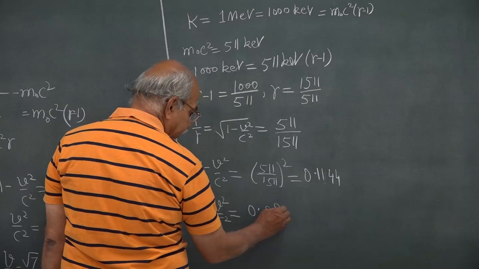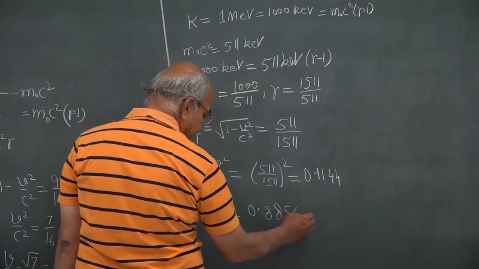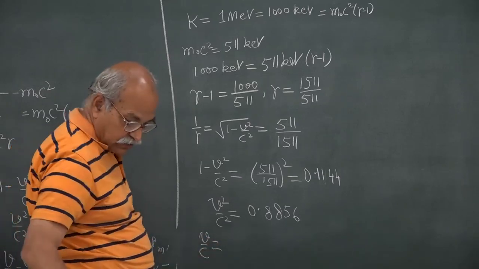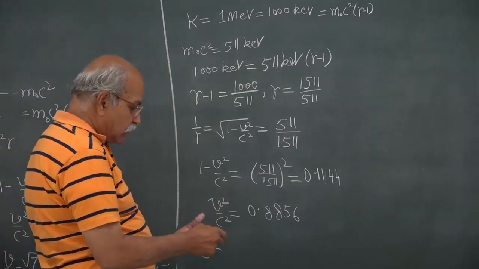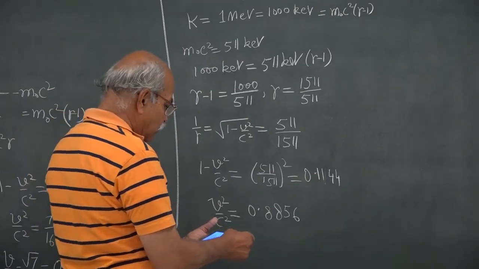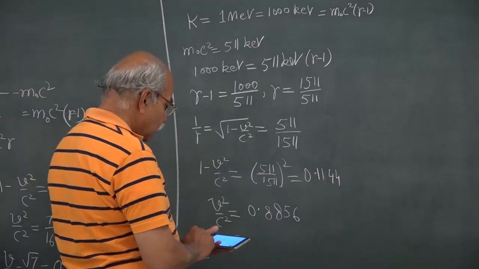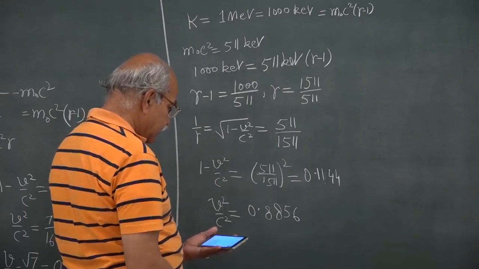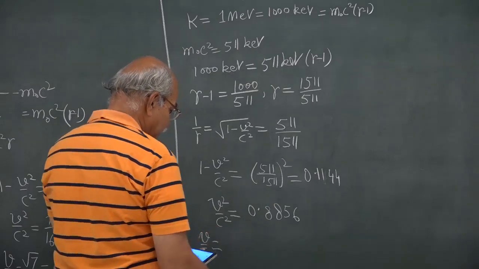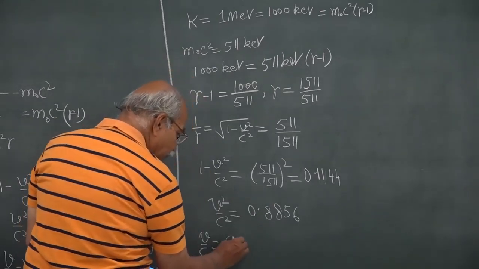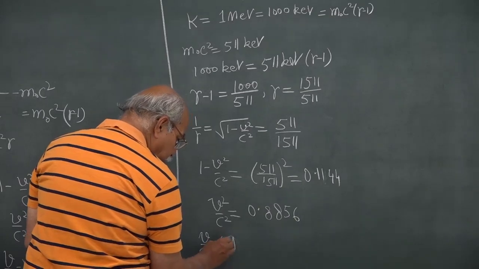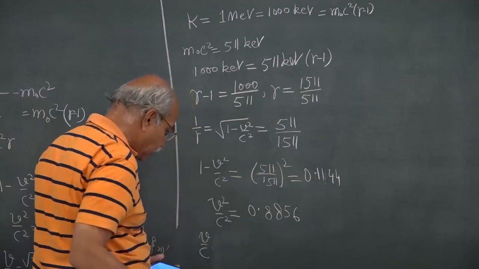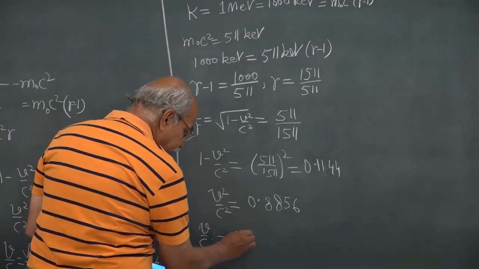So it will be 0.8856. Then you can write v by c as the square root of this, which is like 0.941, about 0.94.